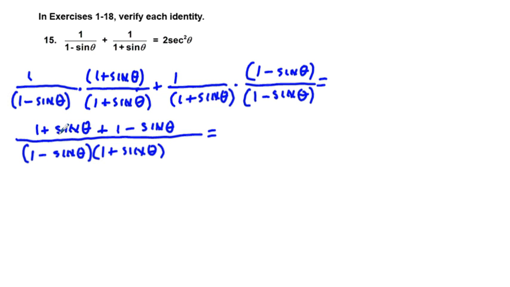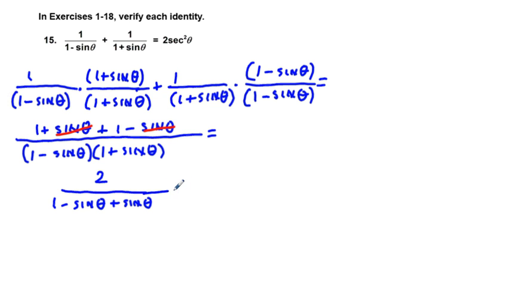We have in the numerator sine theta minus sine theta, which simplifies out. And in our denominator, let's just go ahead and write this out. We're going to have 2. That's all we have left in our numerator, isn't it? In our denominator, we have 1 times 1, which is 1. And we're going to have minus sine theta, which is 1 times negative sine theta. And then 1 times plus sine theta, so we have plus sine theta.